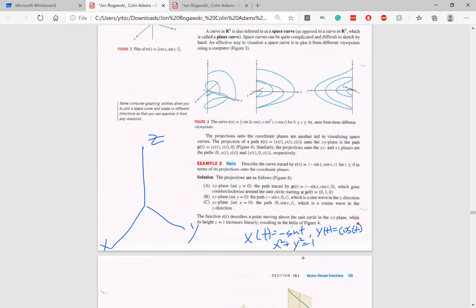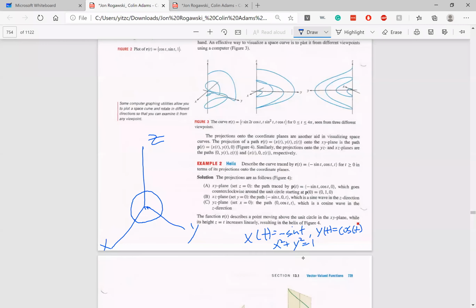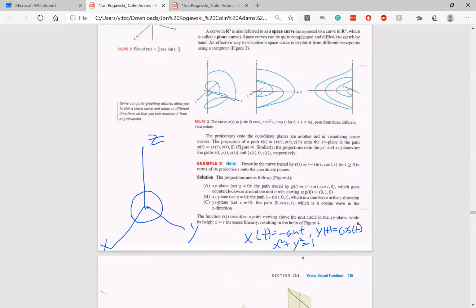The difference is that we have a negative sine of t, so that makes it go counterclockwise. So here's our circle. Now, in the xz plane, my y is 0. I just have sine of t and I have t.